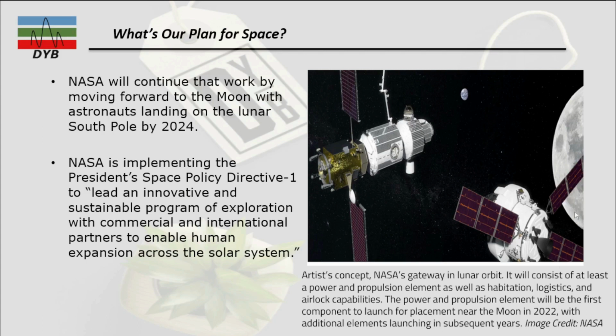On the right side, this figure is an artist's concept which shows the NASA Gateway in lunar orbit, and we can see the Earth from here. The power and propulsion element will be the first component to launch for placement near the moon, soon this year, 2022, with additional elements launching in subsequent years.